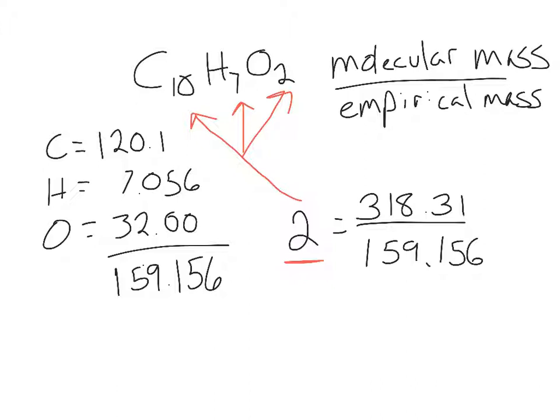So my molecular formula ends up being C20H14O4. So you can see finding a molecular formula is just like finding an empirical formula, except it has one more step, and that one extra step is where we have to set up a ratio between the molecular mass given to you in the problem and the empirical mass, which you can find from your empirical formula. And it gives you a multiple that you multiply your subscripts by.